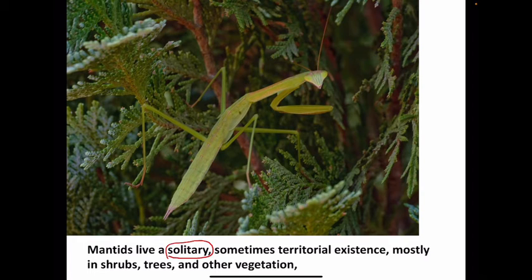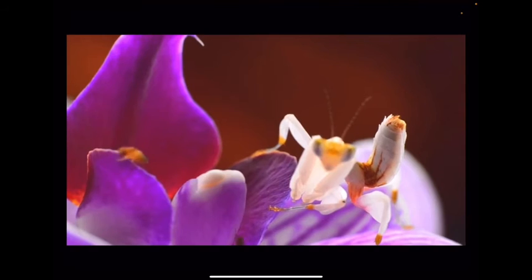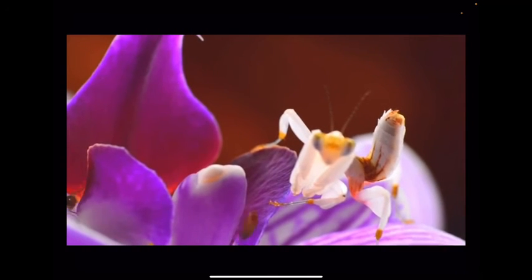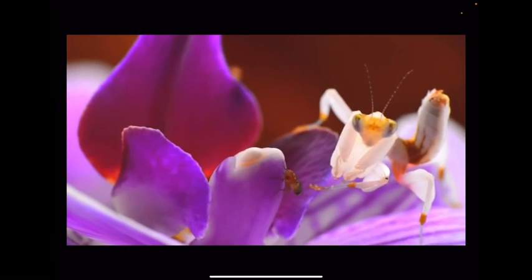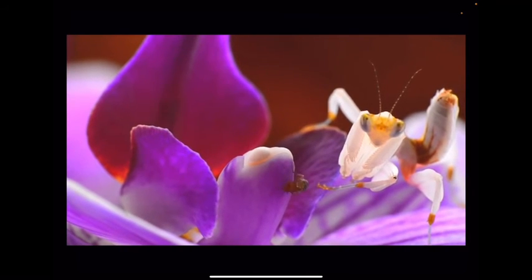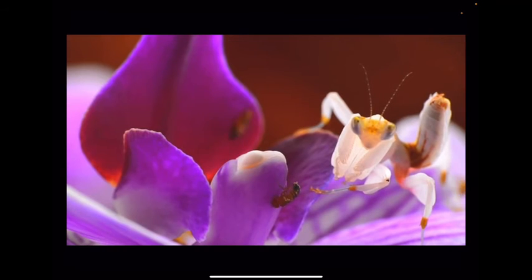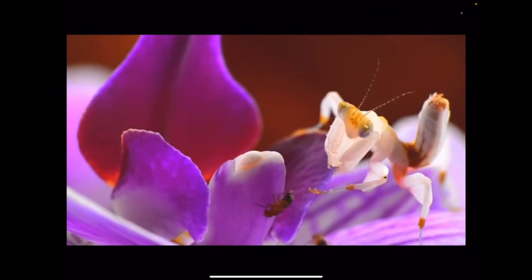They are mostly found in shrubs, trees, and other vegetation, and they prefer to wait for their food. They stalk their prey for a pretty long time until it comes to its grasping distance.